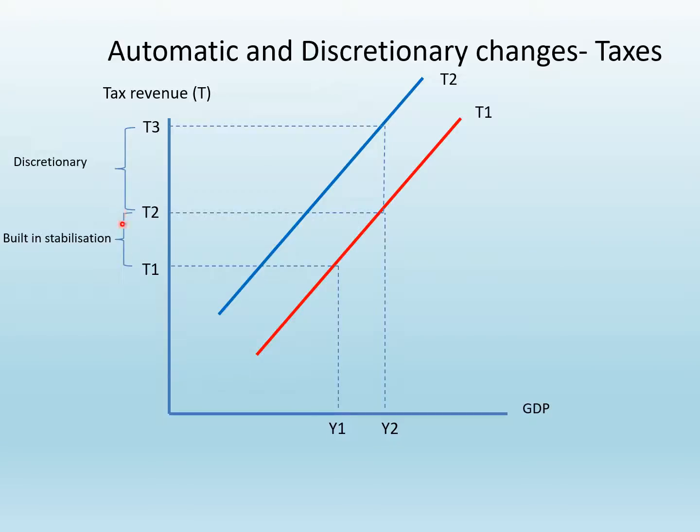And the consequence is now that the tax collection goes from T2 to T3 as a result of an increase in the tax rate. So the movement from T1 to T2, the tax rate's unchanged, you're earning more, you pay more taxes, there's more tax collection. The movement from T2 to T3 is a result of an increase in the tax rate. You were paying 10%, you now pay 20%, and of course the tax collection goes up more than proportionately.